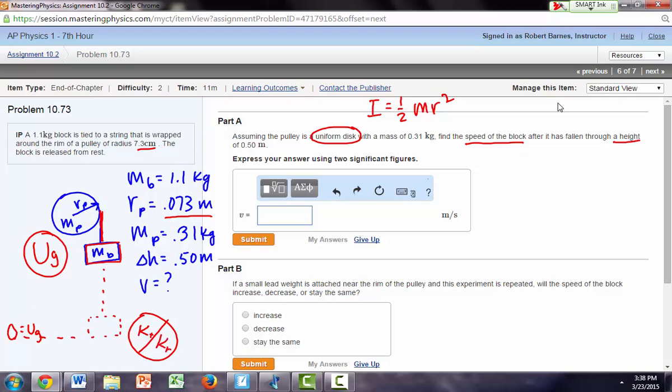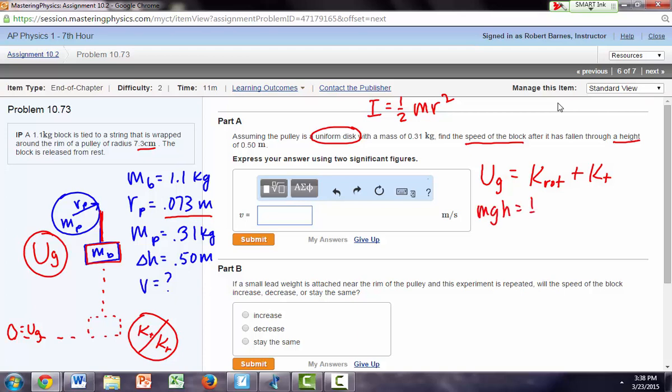the pulley. So my conservation of energy equation is going to look like UG to start with. We'll end up with rotational plus translational energy, and then hopefully I can figure out how fast it's going in a translational direction, straight down, using this equation.